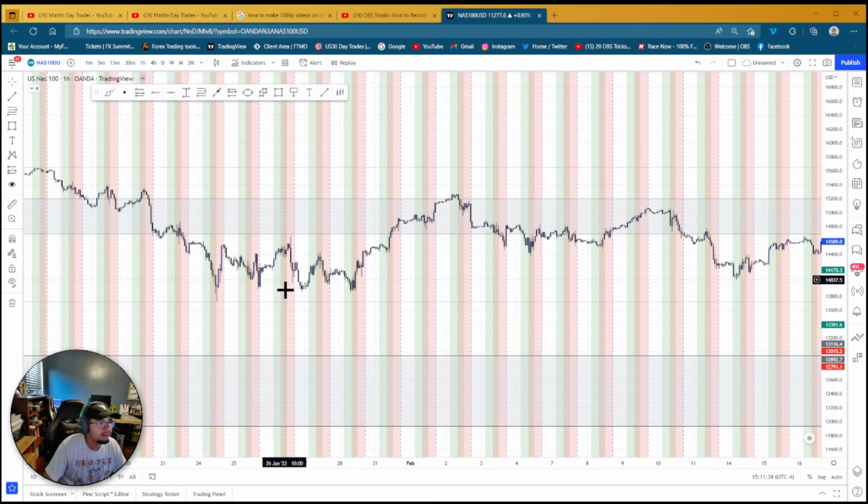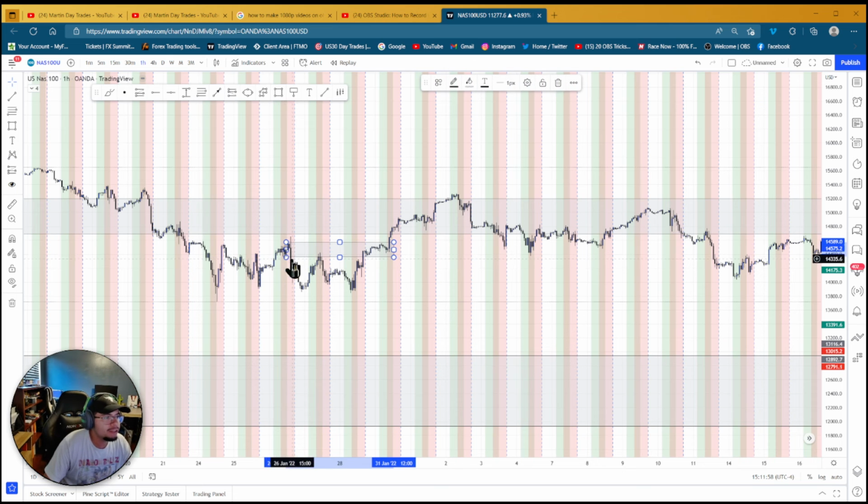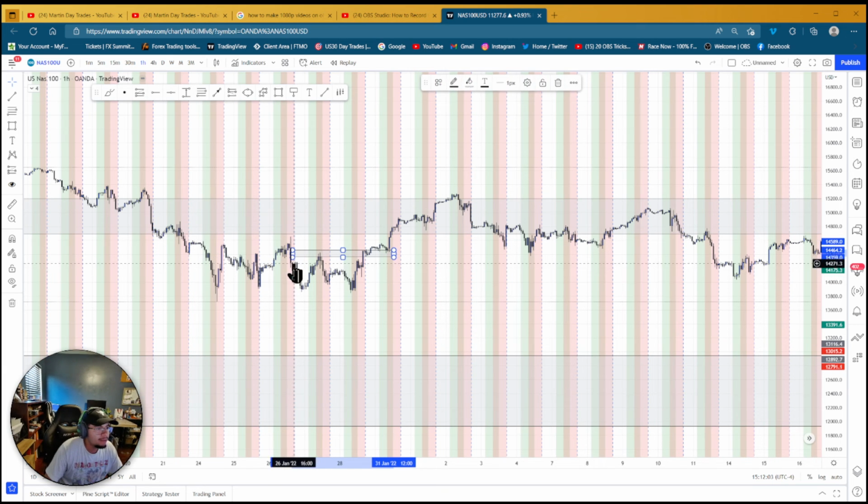There's this one right here. And actually, guys, this fair value gap right here, it also lines up with this order block last up candle. And this order block was tapped into, but the fair value gap looks like it was even a better entry point to get in.